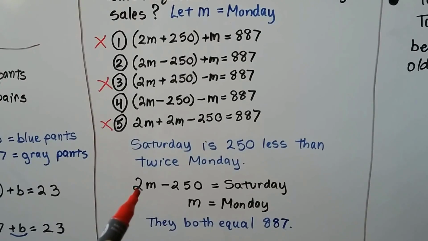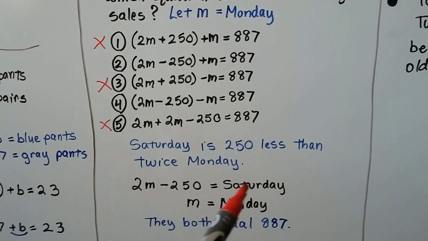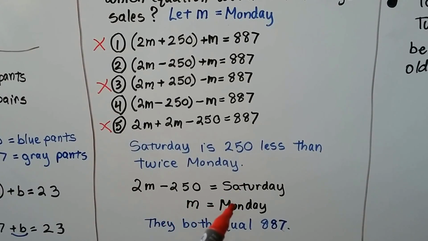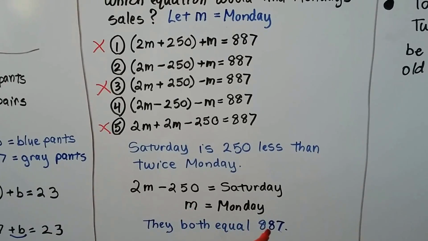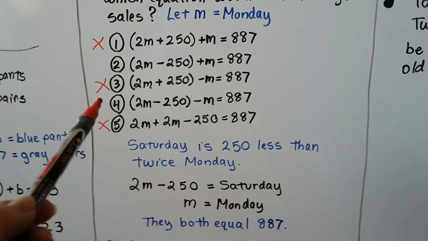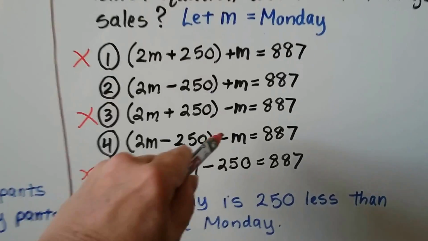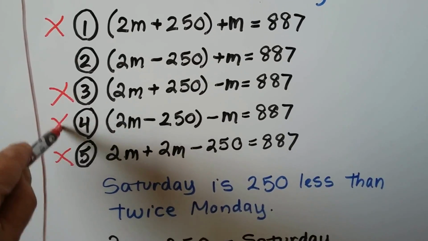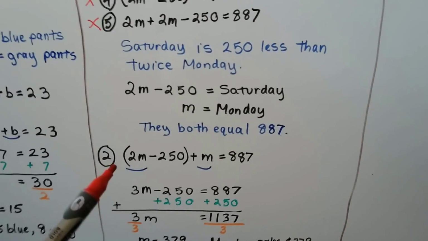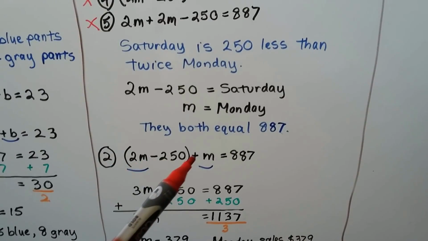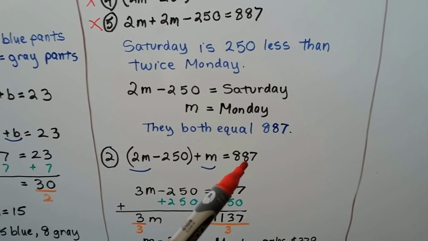So we're going to have to add the 2M minus 250 that represents Saturday and the M that represents Monday. So if we're adding this M to equal 887, well, then it's not number 4 either, is it? Because that's subtracting M. Now we know it's number 2. We have 2M minus 250 plus M equals 887.